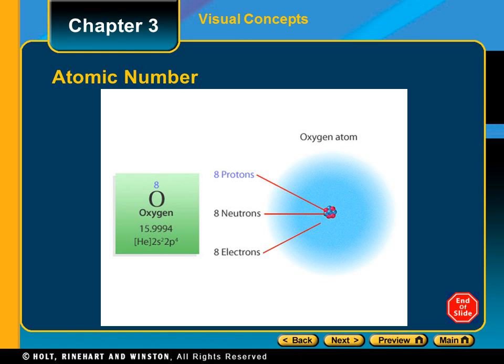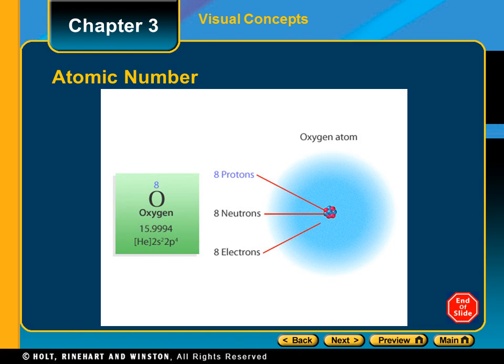So here we go. Here's oxygen. This is oxygen lifted off of the periodic table. The number above the chemical symbol is your atomic number. It is the number of protons in the nucleus. If everything is the way it's supposed to be, the atomic number will tell you the number of protons.